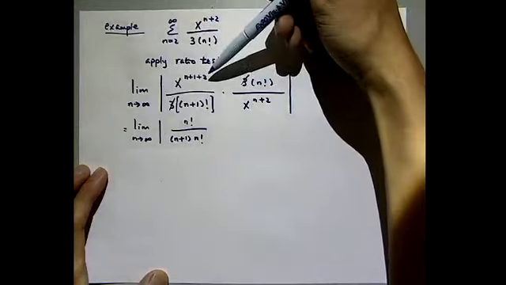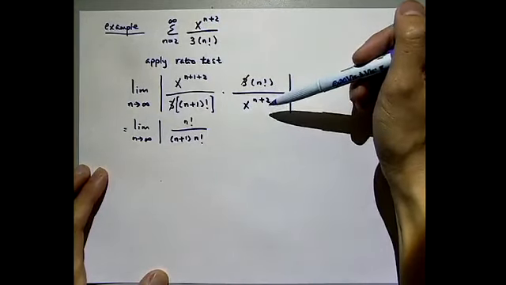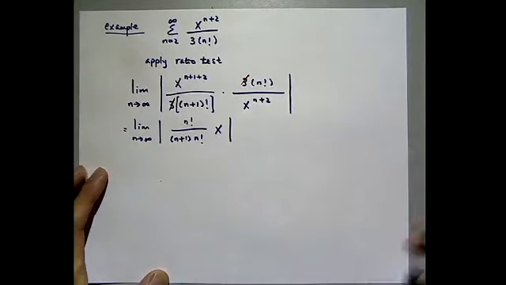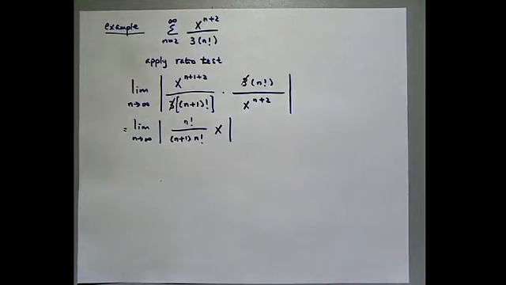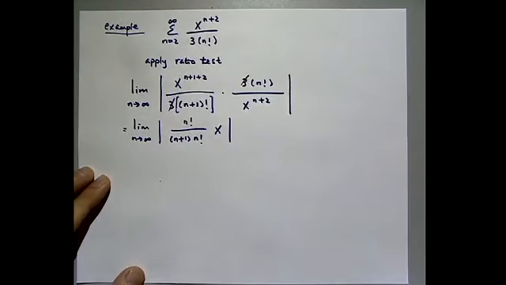And then x to the n plus 3 over x to the n plus 2. That leaves just one factor of x. We have one more x up here than down here. The rest of them cancel out.